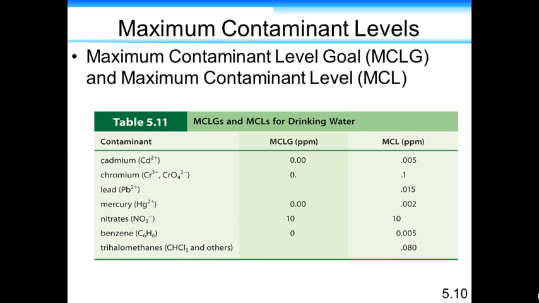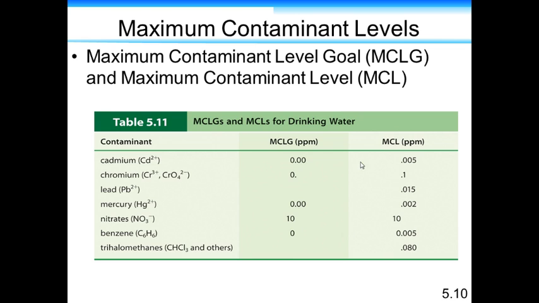So here are some examples of contaminants, the levels, and the level goals. As you can see, most of the level goals are 0. Lead may vary slightly due to natural deposits and piping, as well as nitrates. There are natural deposits of nitrates.